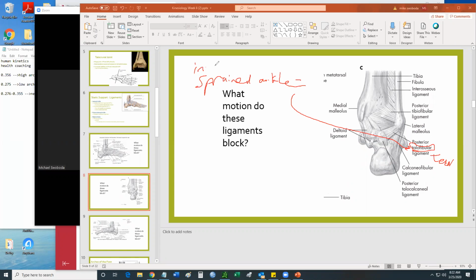So the inversion ankle sprain is the most common injury you'll have in sports. It's also the most recurrent injury. So if you injure this, you have a very high percentage chance of re-injuring. Roughly about 25% of people that have a sprained ankle from an inversion sprain will sprain it again at some point.